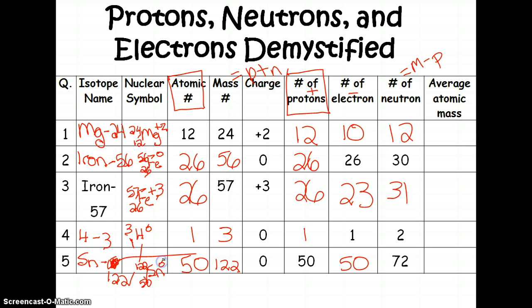All right, the average atomic mass is the bottom number on the periodic table. So if we looked at magnesium, if you looked at your periodic table, magnesium would be 24.30. All right, iron would be 55.85.